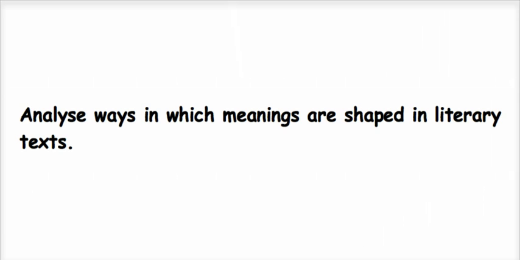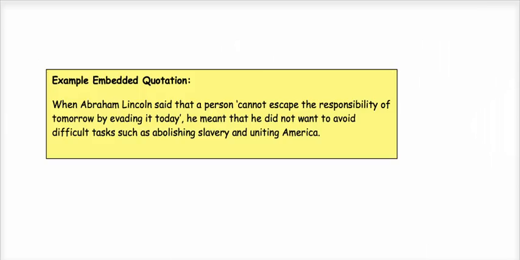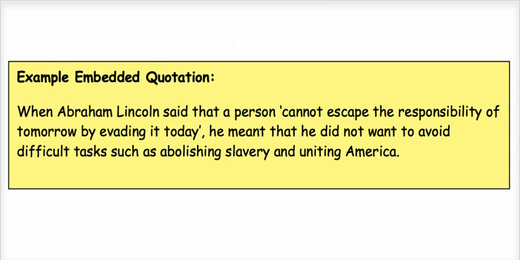If you're quoting short words and phrases of up to 2 full lines of a poem, let's say, you need to embed them into your sentences so that the wording of the quotation flows with the sentence. The words, your words and the words of the quotation just flow together and read beautifully as lovely sentences like this example.